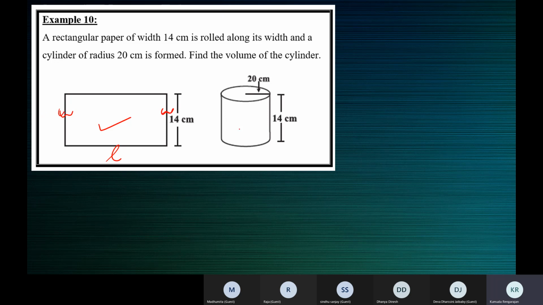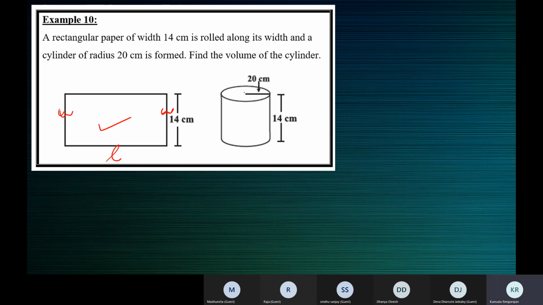On doing so, a cylinder of radius 20 centimeters, not diameter, radius 20 centimeters, is formed. Find the volume of the cylinder.